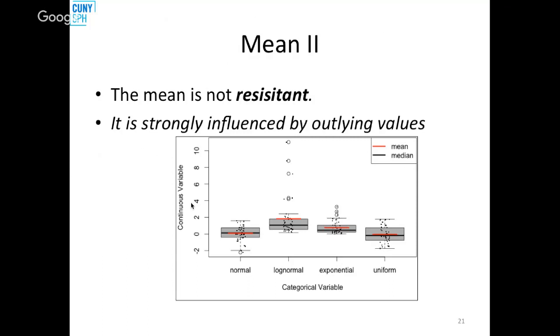So the exponential distribution is skewed, but not as much. And we see a smaller difference between the median and the mean. And then the uniform distribution is not skewed and it has no outliers. So again, they're almost the same. They're not quite the same. Do you know why they're not quite the same here?